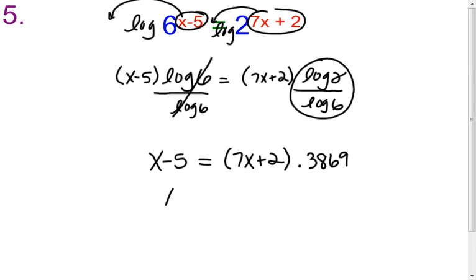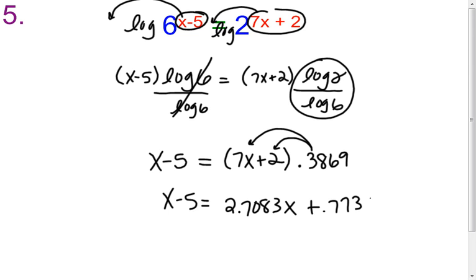Okay, and then what you need to do is take that icky decimal and distribute it. So 7x times that 0.3869 gives you 2.7083x, and then 2 times 0.3869 is 0.7738.